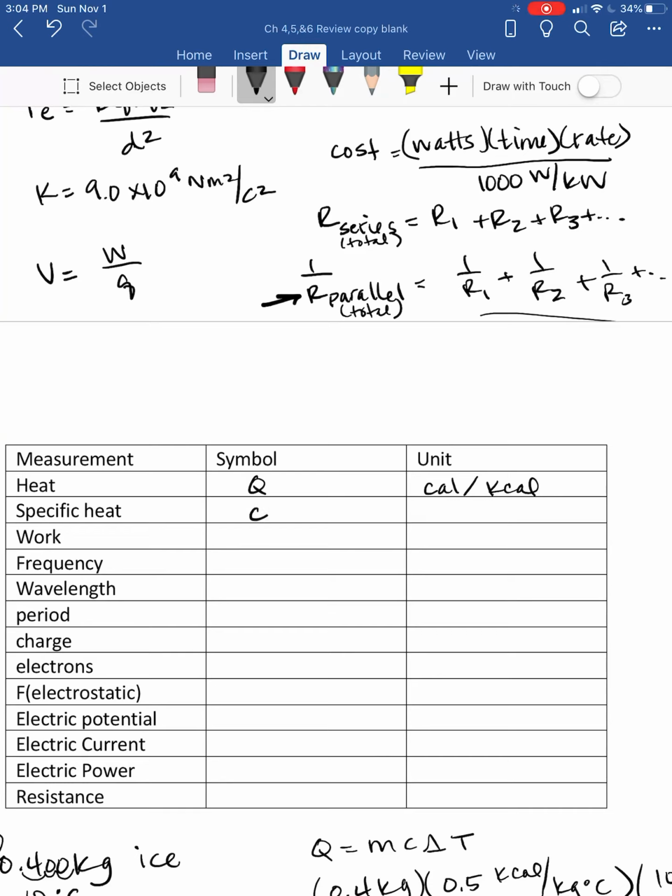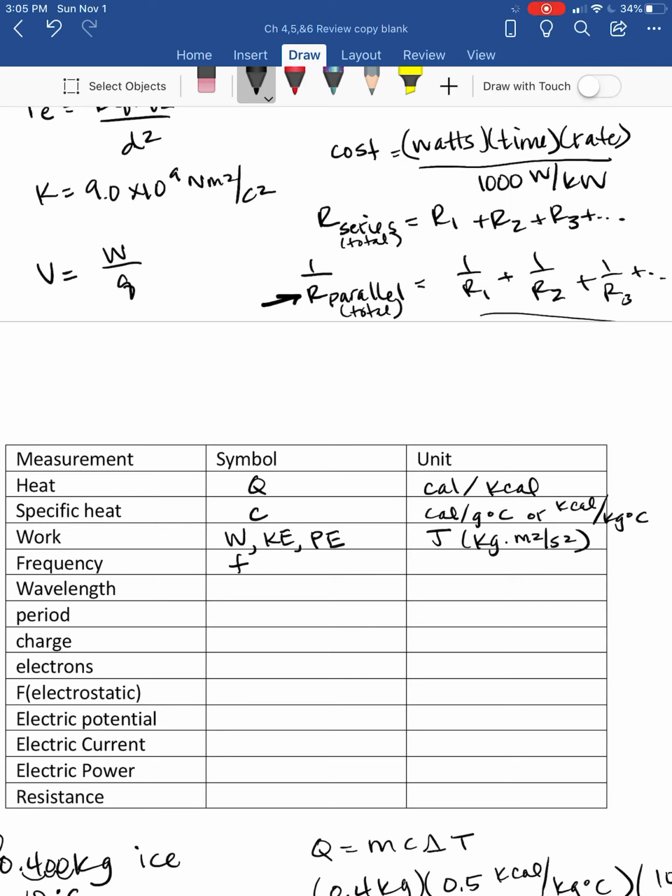Specific heat, the symbol was like a lowercase c, and the unit was calories per gram degrees Celsius, or kilocalories per kilogram degrees Celsius. Work has the symbol W, kinetic energy and potential energy are all considered work, and the unit for those is joules. And more specifically, kilograms times meters squared per second squared.